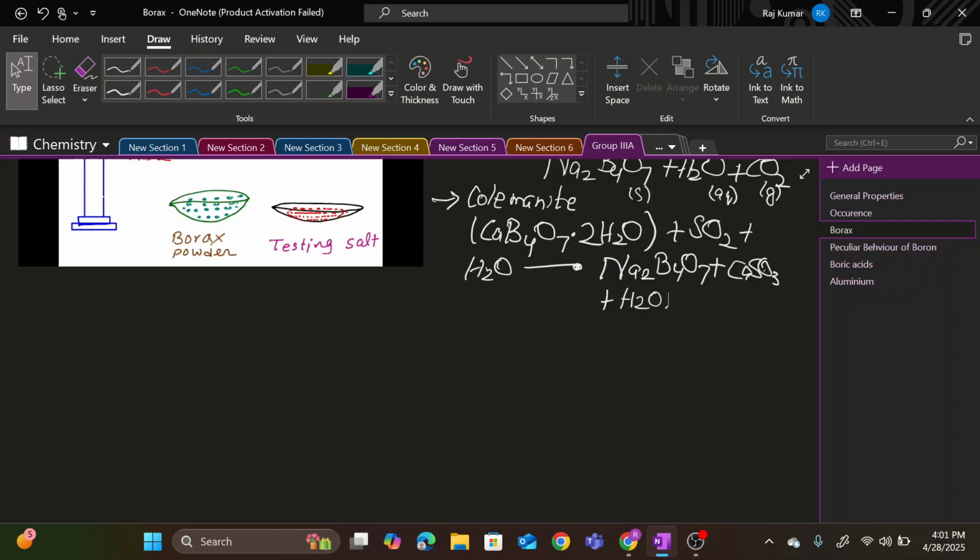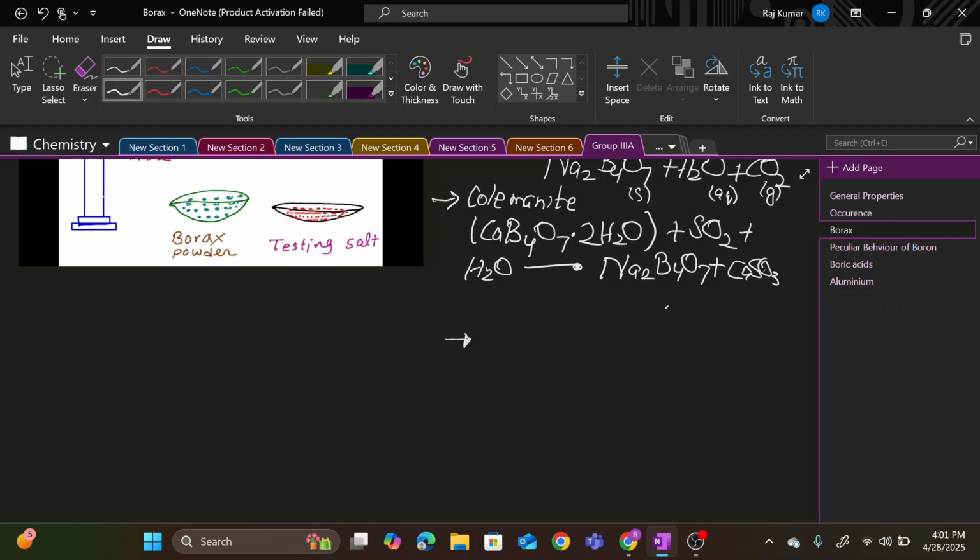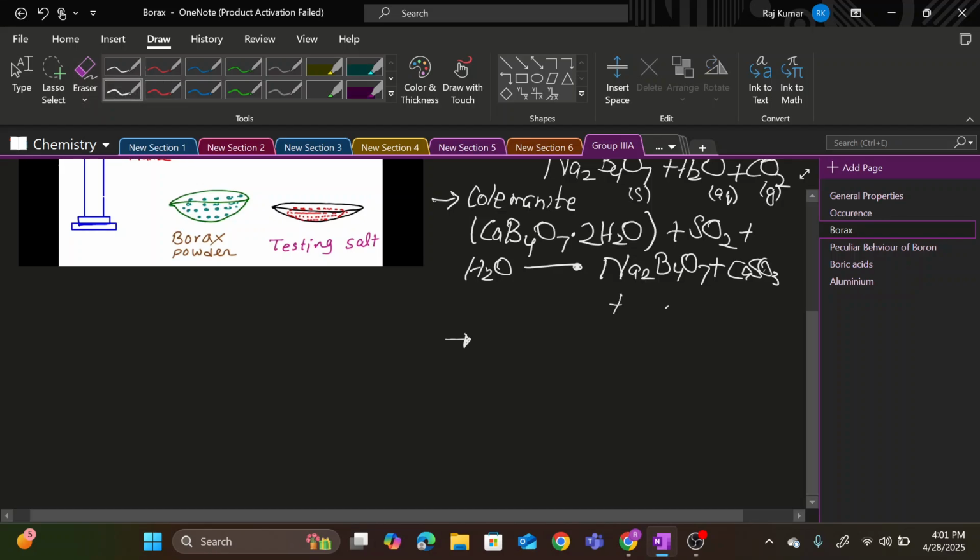Now let's move on to another portion, another step in which we can further use it. One more thing I would like to mention is that the formation of borax with the help of polyammonite, by the way, is the most commonly used method.